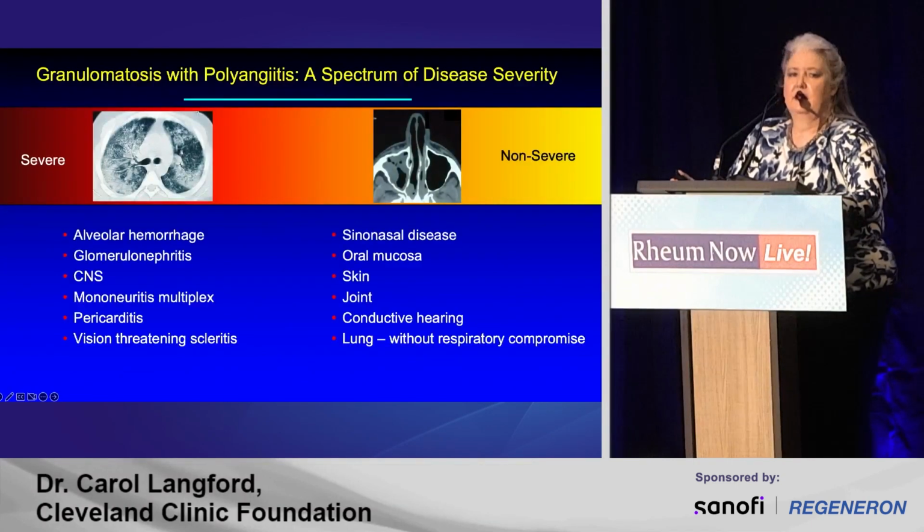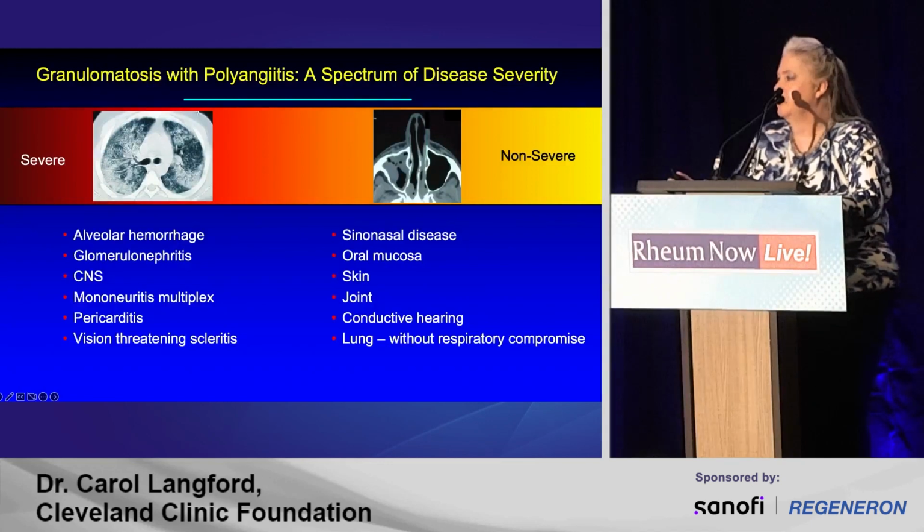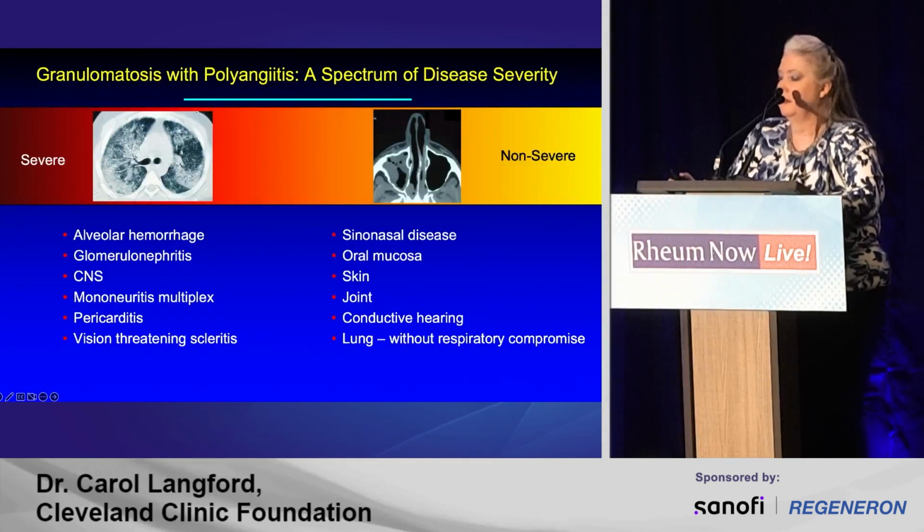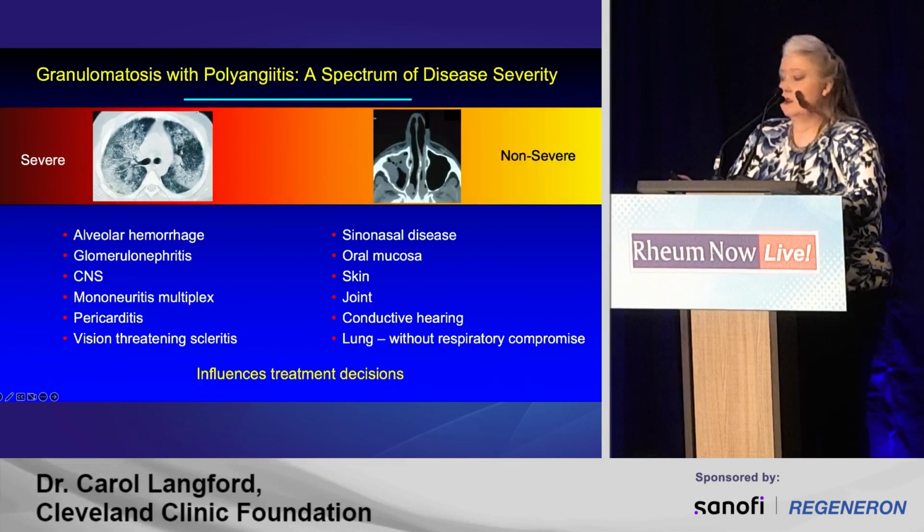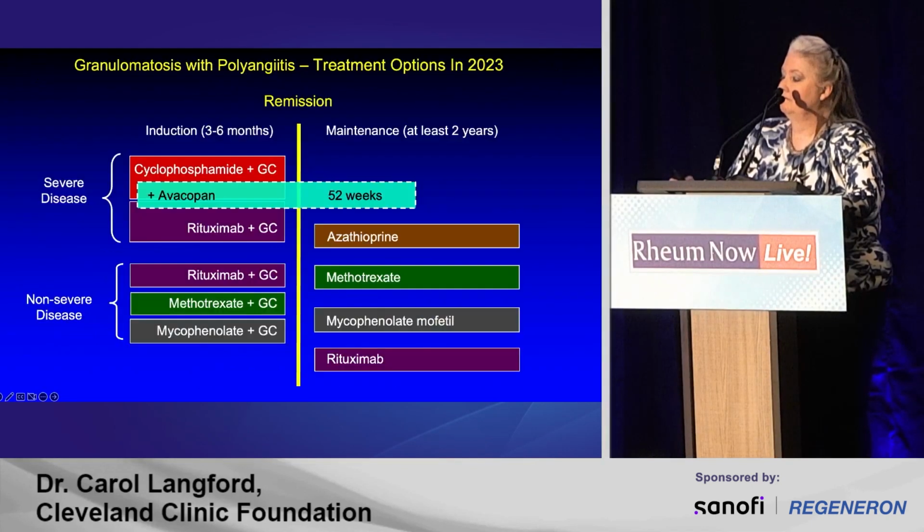What this case highlights is that GPA is a multi-system disease with a spectrum of severity, where we can have organ and immediately life-threatening disease such as alveolar hemorrhage or glomerulonephritis, and at the other end, active but non-severe disease that still requires treatment involving organs such as the sinuses, skin, and joint. This does influence our treatment decisions.